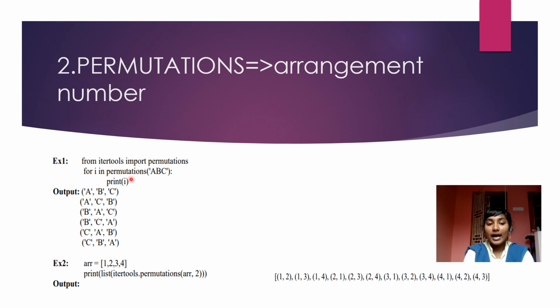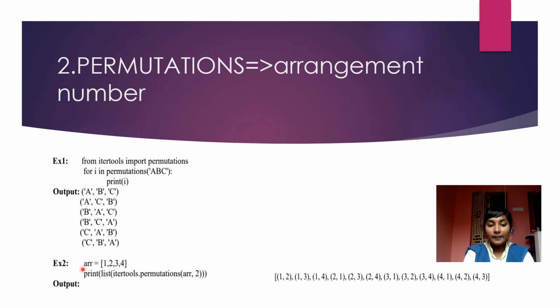And now for i in permutations of string A, B, C, print i. Then i gets printed, it gets permuted six times, because there are only 3 letters in the following string.